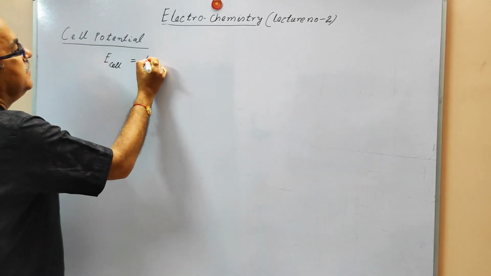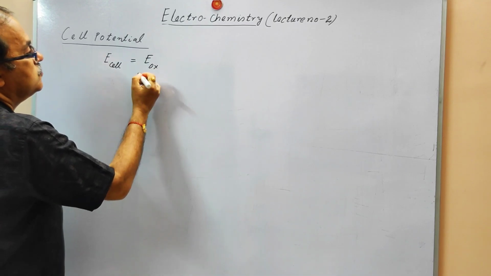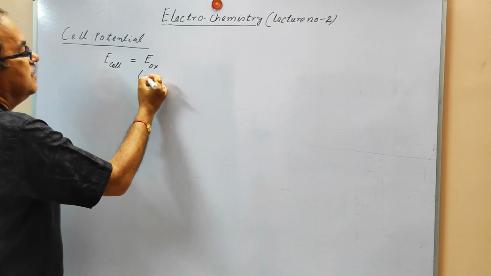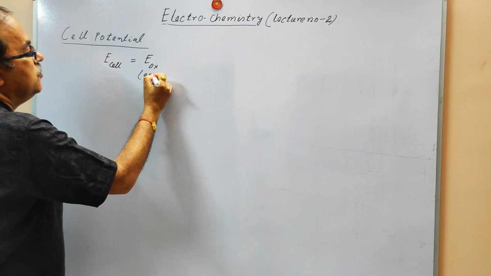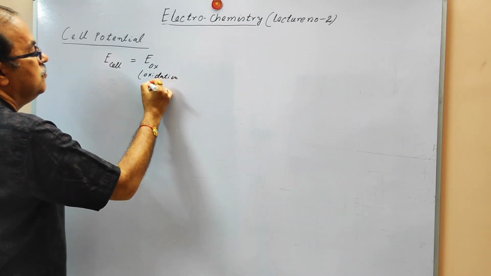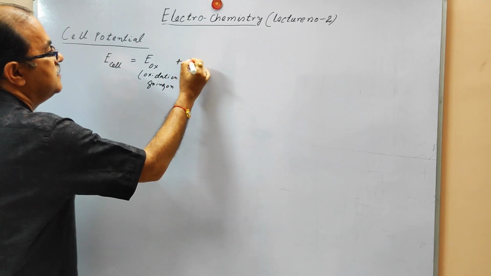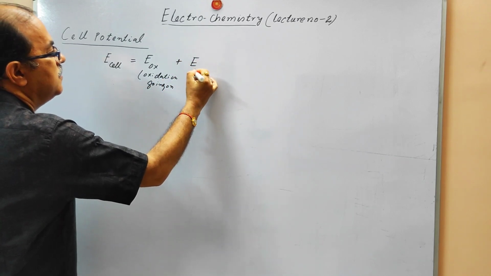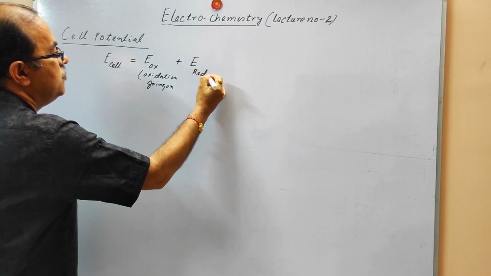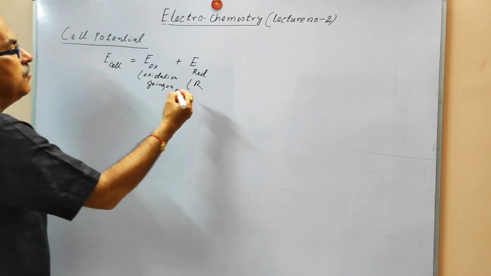You can write this is equal to E oxidation, where oxidation is going on, plus E reduction, where reduction is going on, means this is a cathode and this is the anode.